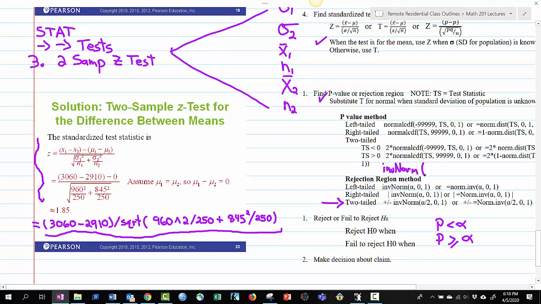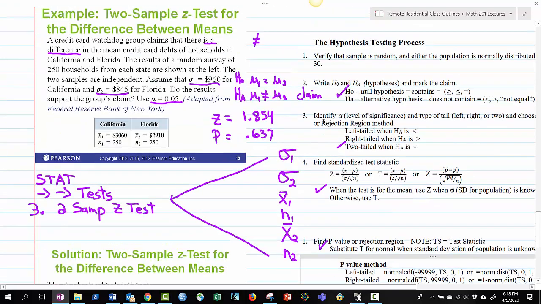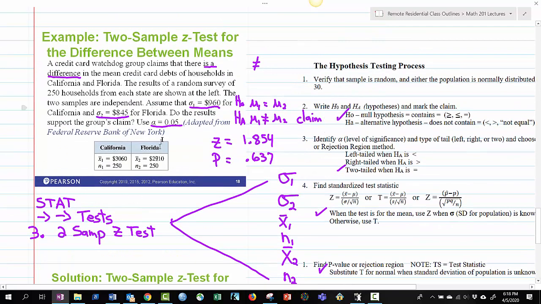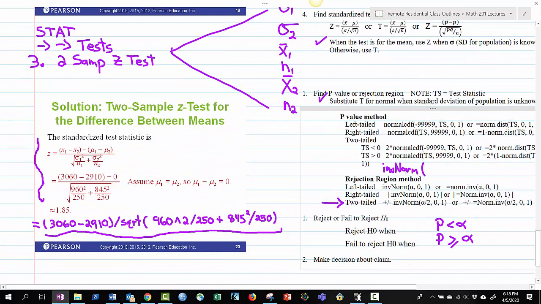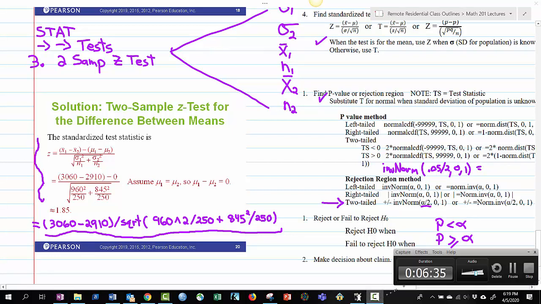You know what? I'm blanking out. What was the level of significance? It's 0.05. All right. Inverse norm. You notice in the inverse norm for two-tailed, you put alpha over 2. So 0.05 over 2.